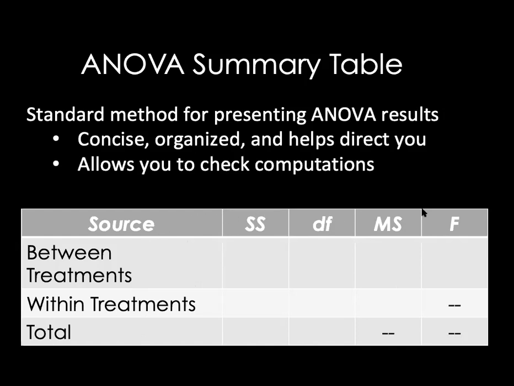Hopefully all of the things on this table will be familiar, except for maybe MS. MS stands for mean square. And why mean square? What is that coming from? If you remember, variance is the mean of the squared deviations, right? Way back when we talked about variance, we first tried just subtracting the mean from each score, the score minus the mean, and adding that up.